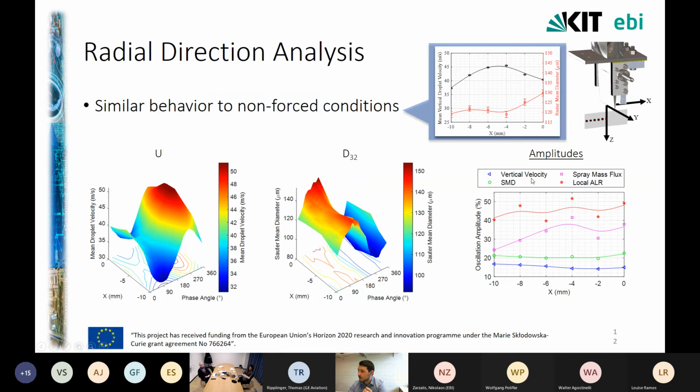So we see that the droplet velocity has an oscillation of approximately 15% relative to its average value, the SMD around 20%, and we see that the spray mass flux is around 30 to 40% over its average, and the ALR even higher, 40 to 50% over its average, which of course you can understand makes the combustion very unstable.